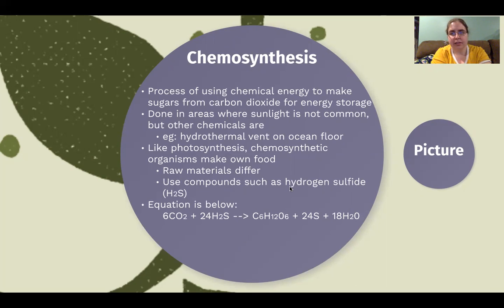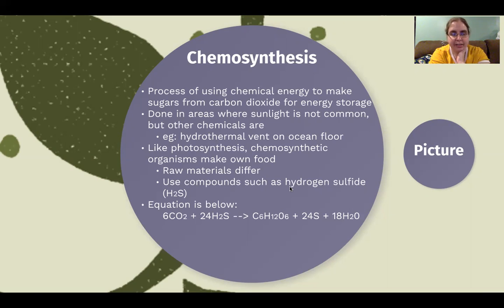Like photosynthesis, chemosynthetic organisms do make their own food, so they do make their own glucose. The raw materials do differ, obviously, because there's no sunlight. We need different chemicals in order to run these reactions. So one of the possible compounds could be hydrogen sulfide, H2S. And here's an example of an equation that can be used for chemosynthesis.